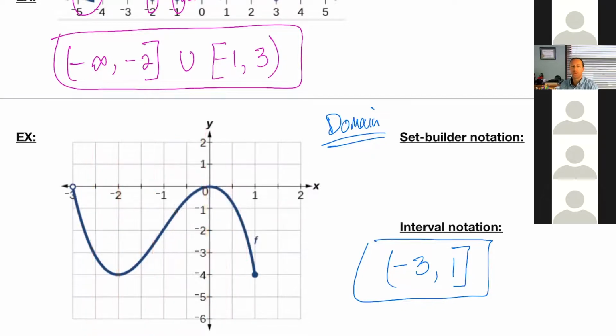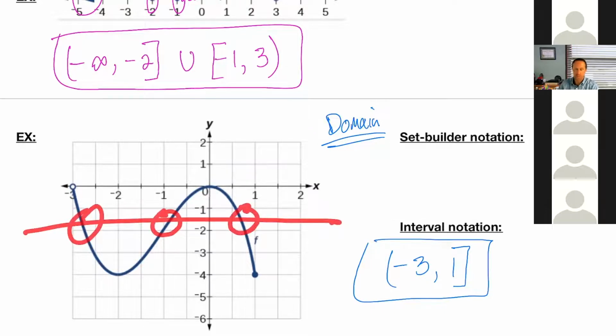Is it a one-to-one function? No. Very good. Fails miserably. 1, 2, 3 places it actually hits. Could you make this a one-to-one function?